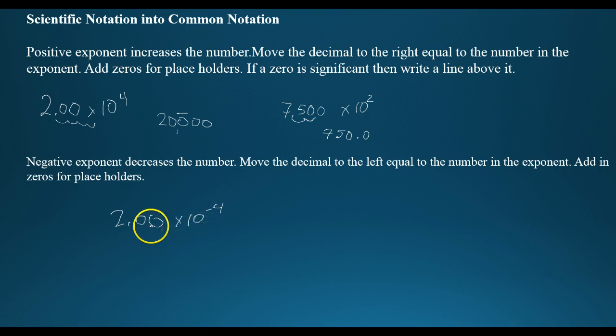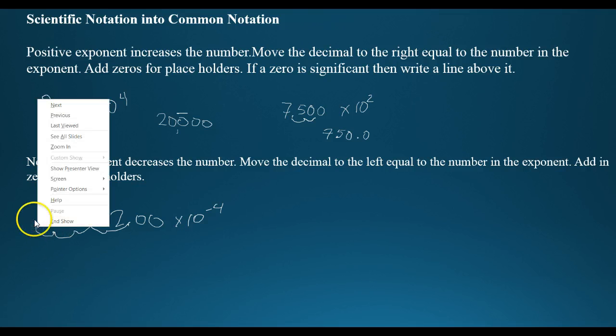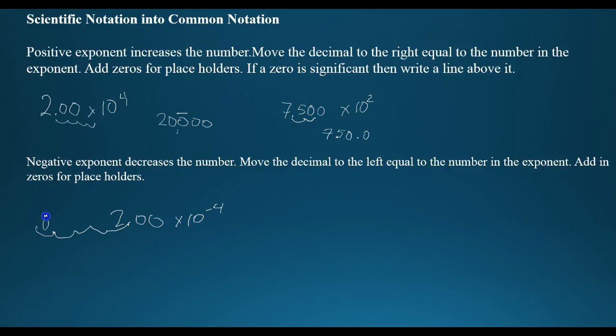So we want to make this number smaller. We're going to make it a decimal. We're going to move that decimal 4 places to the left, and then we're going to put in the zeros as the placeholders.